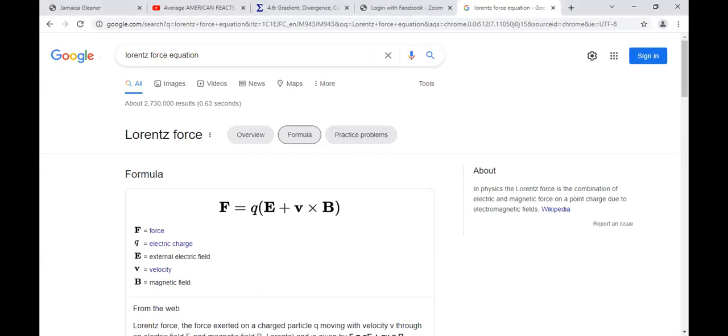I don't know if maybe you don't remember or don't care to remember. Not a problem. F is equal to charge times E. This E is the force of one charge, and this is the number of charges.